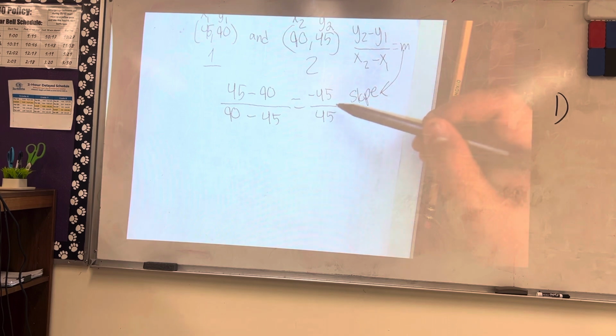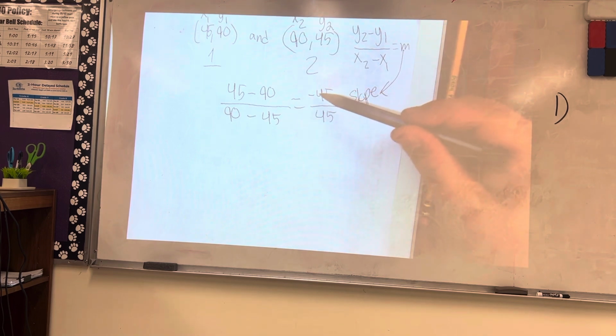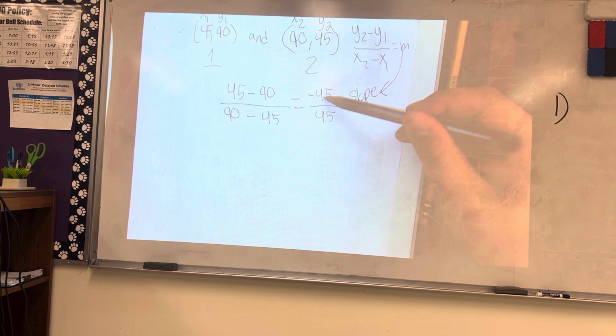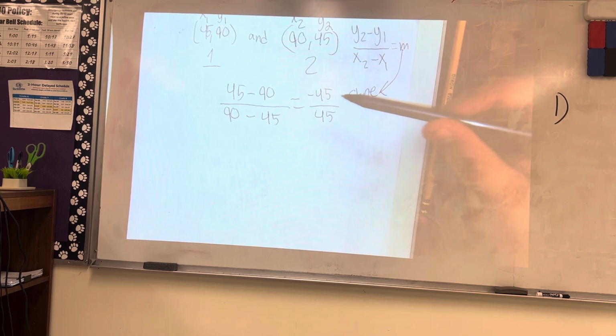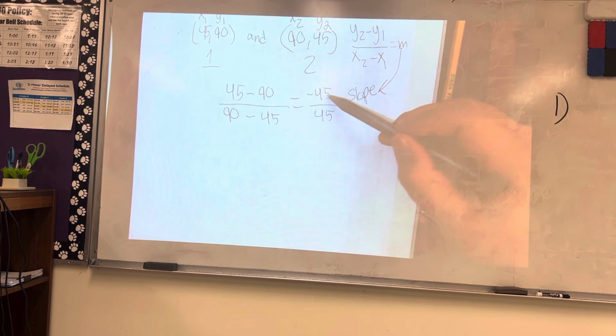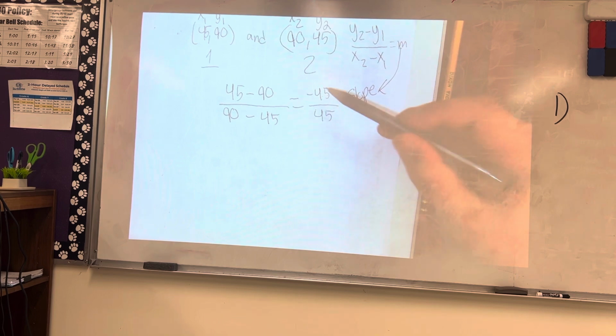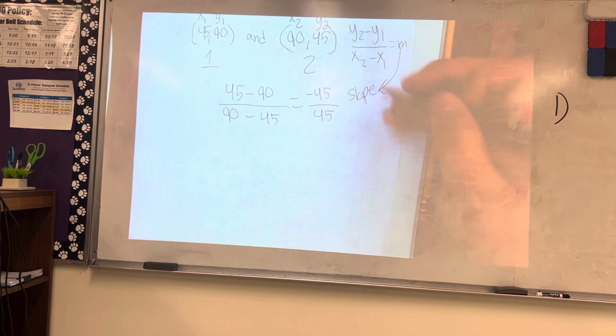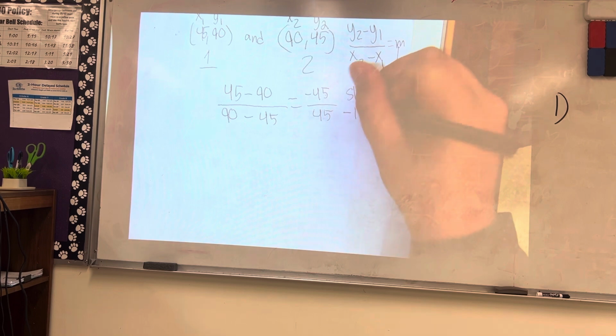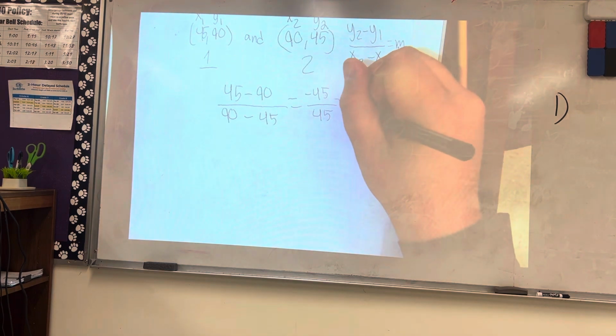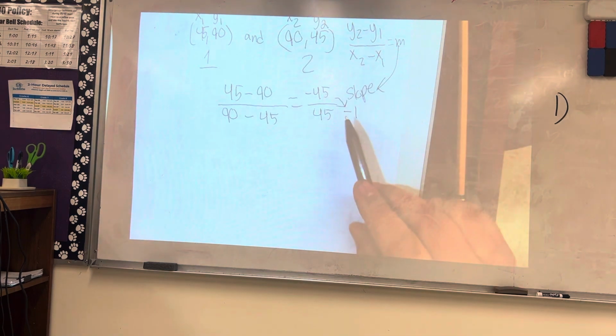And so right now, this is our answer. We have negative 45 all over negative 45, which means you see I only have the same number on both top and bottom, which means that this could get simplified into -1.